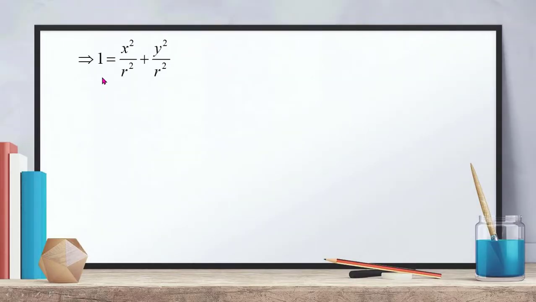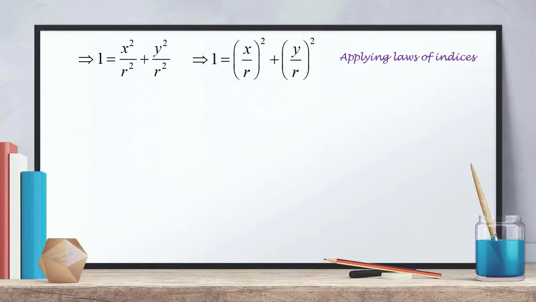So we've got 1 being equal to x squared over r squared plus y squared over r squared. Now, by applying laws of indices, we know that we can write this as x over r everything squared, and we can write y squared over r squared as simply y over r in brackets squared.